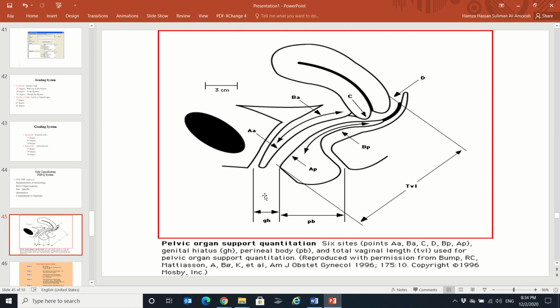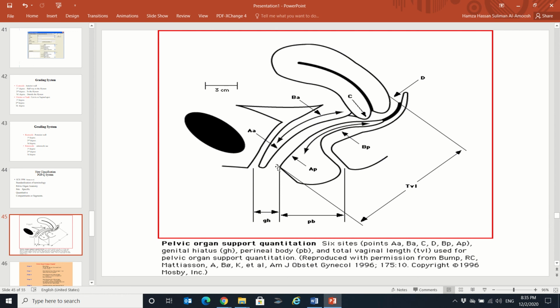Now, the genital hiatus should be around 3 centimeters. Less than that, you have vaginal stenosis, and more than that, 4 or 5. 3 to 5 is acceptable. More than 5, you have vaginal widening. The perineal body should be around 3 centimeters. Less than that, we have a deficient perineum.